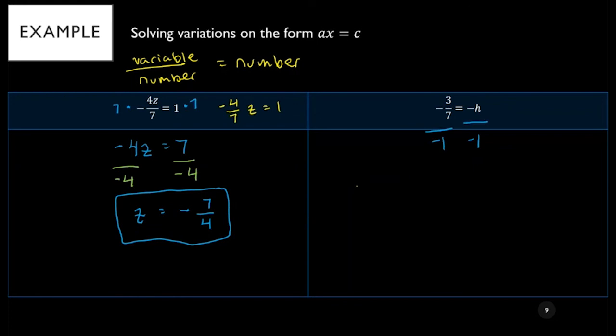When you see that with a fraction, this is where it's probably easier to write it as multiply by -1, because then you're multiplying something by a fraction versus dividing a fraction by something. So the negative times the negative is positive. We are basically just changing signs. We get 3 over 7, and then a negative h times a negative 1 equals a positive h.